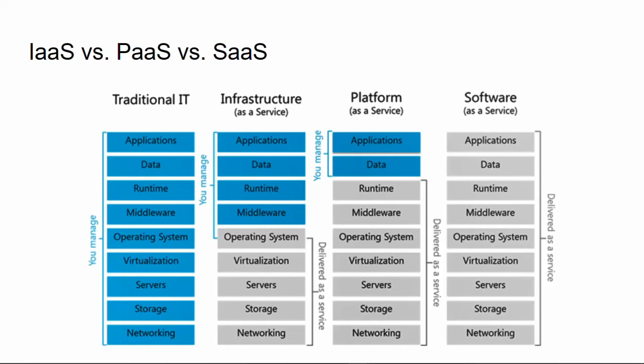So this is IaaS. In the IaaS model, cloud service providers will take care of these gray boxes from networking to operating system. Your IT team still needs to provide the middleware, runtime, data, and application.